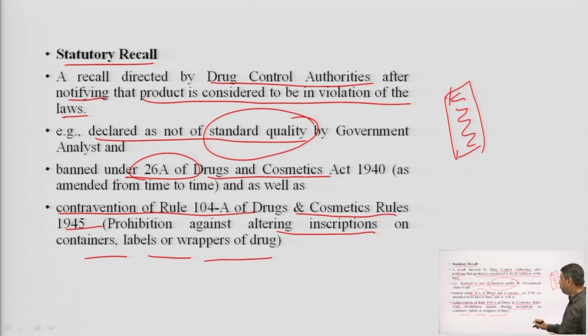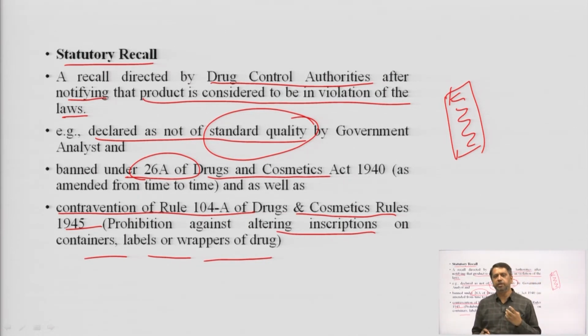Such inscription is prohibited under the Drug and Cosmetic Act. In those cases also the drug control authority may ask the original manufacturer to withdraw their product from the market, because there is a chance that the user or the customer will not come to know the actual information about the product.